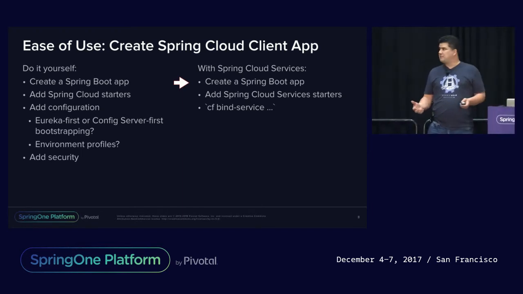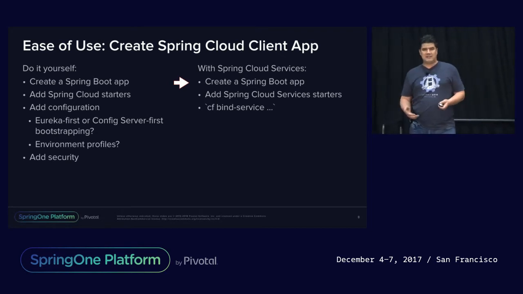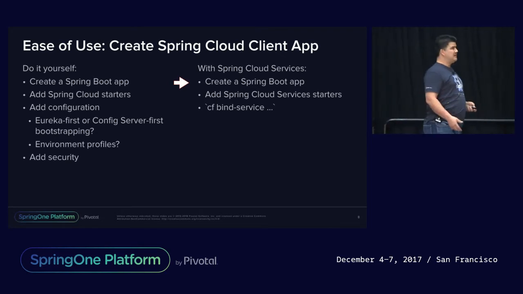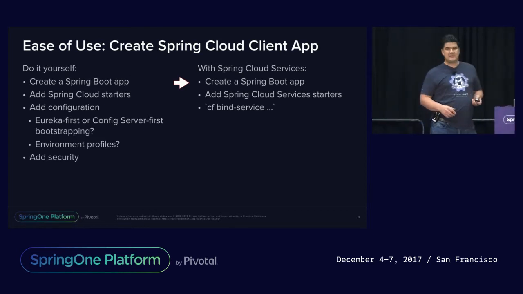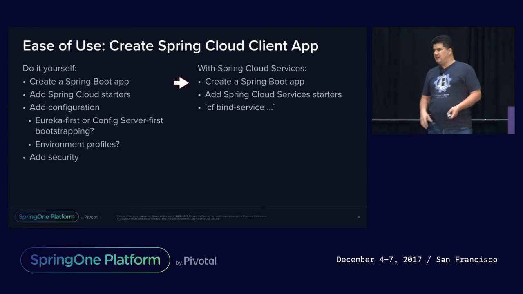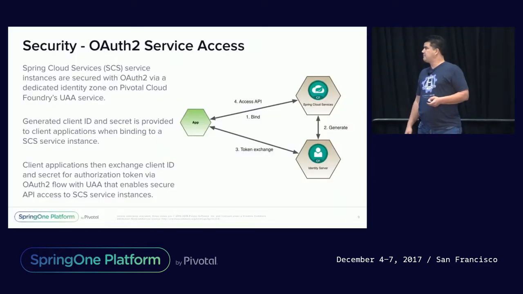Right now you can create a Spring Boot app, you add our Spring Cloud Services starters, and that allows you to now connect and bind directly to that particular service instance and go ahead and go through the OAuth flow that I'll show you in just a couple minutes once you bind your service and get it connected to the config server or Eureka or your Hystrix dashboard.